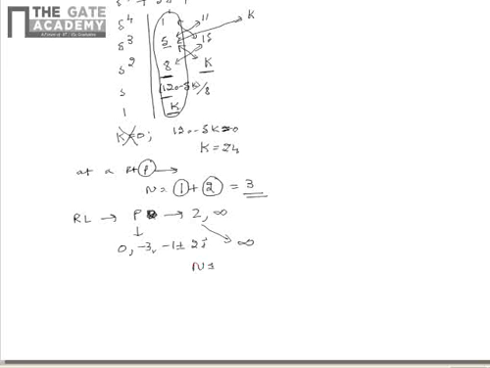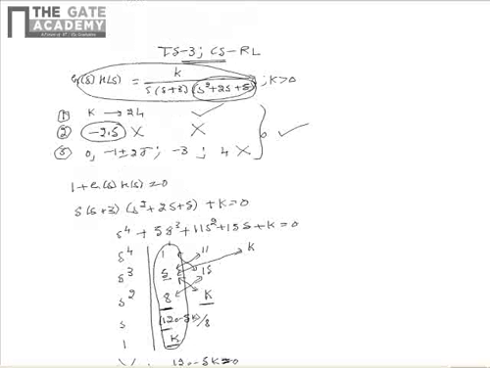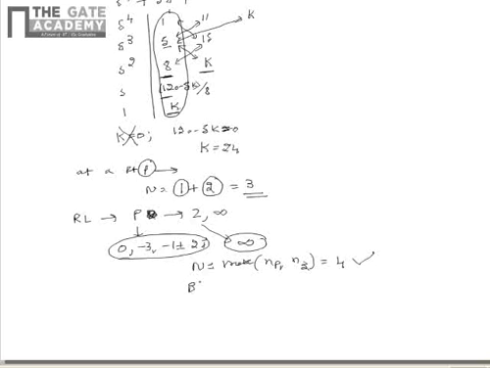And also we know that the number of root locus branches is equal to the maximum of the number of open loop poles and number of open loop zeros, which upon simplification becomes 4. So the root locus starts from these 4 points and ends at infinity, and the number of branches is 4. So statement 3 is also not correct. Hence statement 1 is the only correct statement. Hence the correct option representing the correctness of the statements is B.